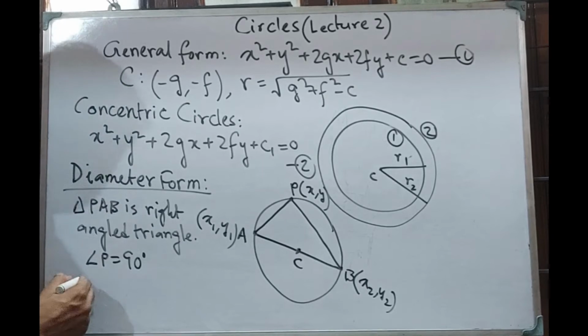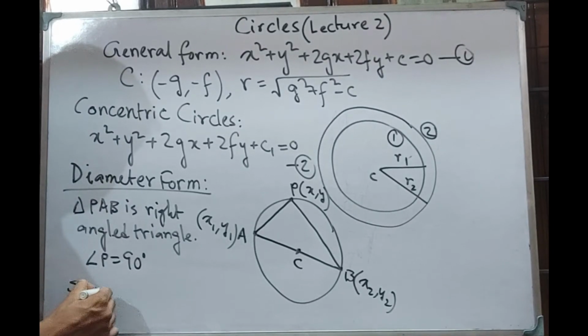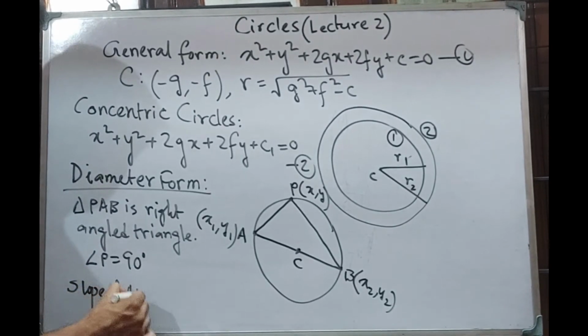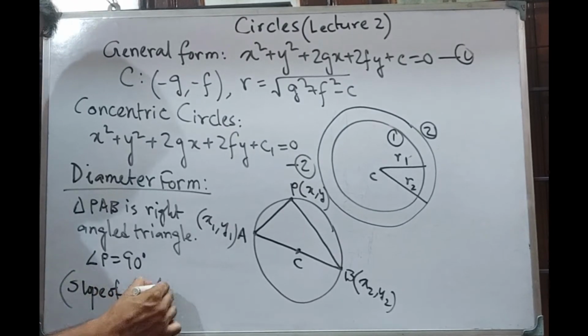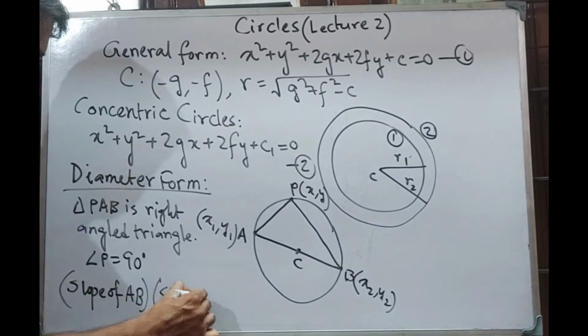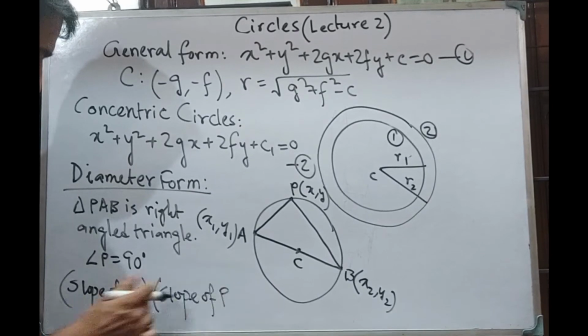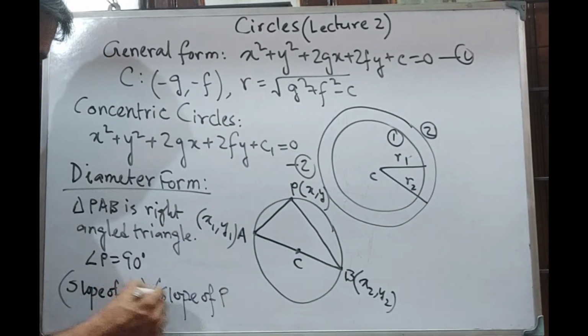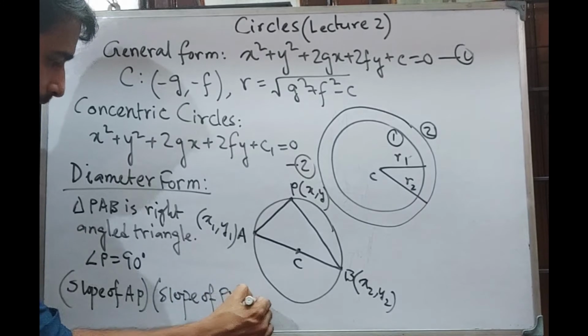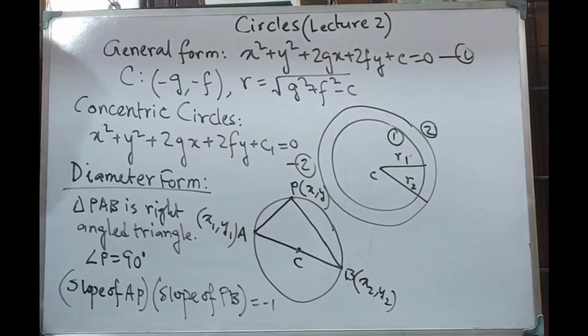So we write it here: slope of AP multiplied by slope of PB is minus 1.